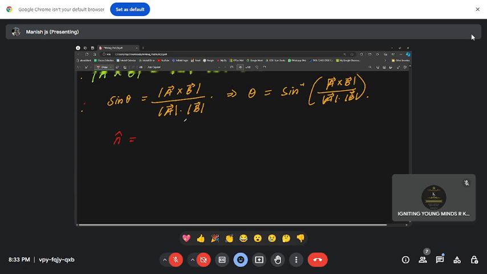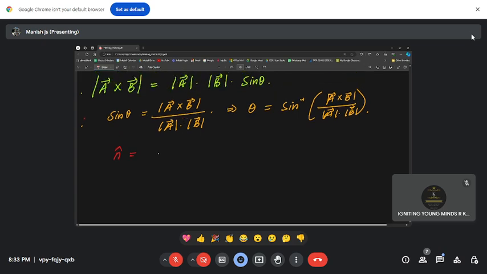Here again there is a relationship. n cap is found by vector A cross vector B upon modulus of vector A cross vector B. This is the formula to find the unit vector of the cross product of two vectors.